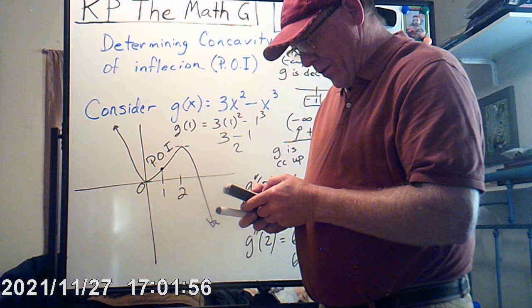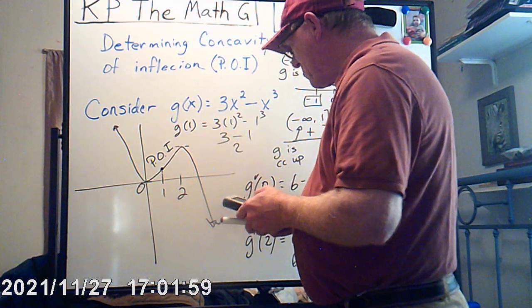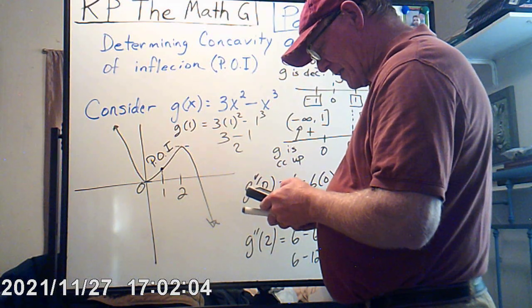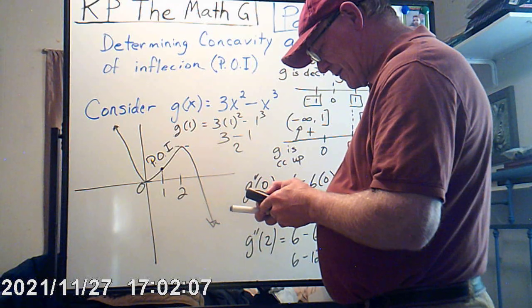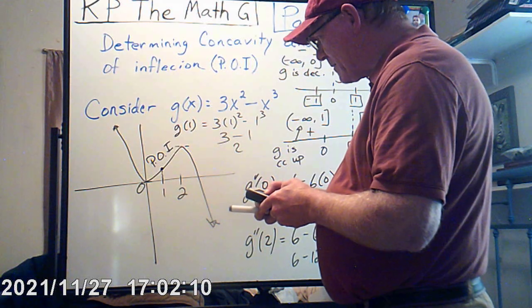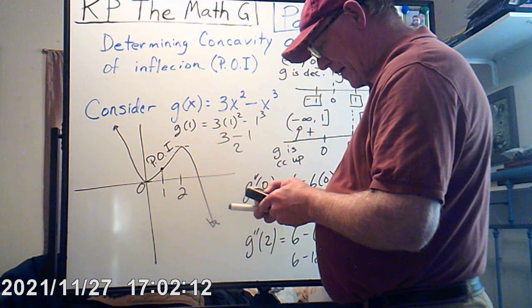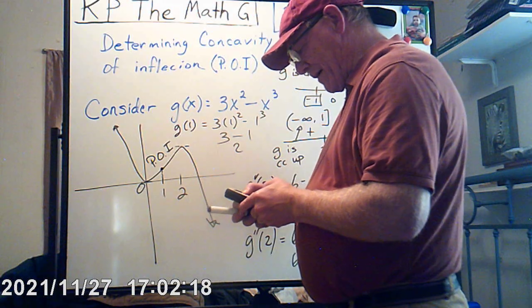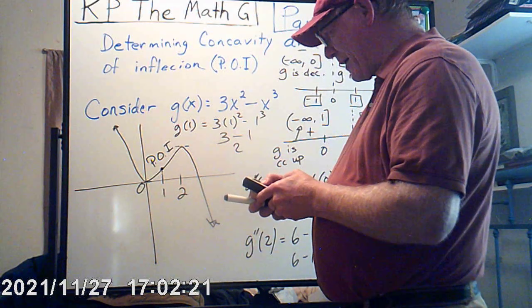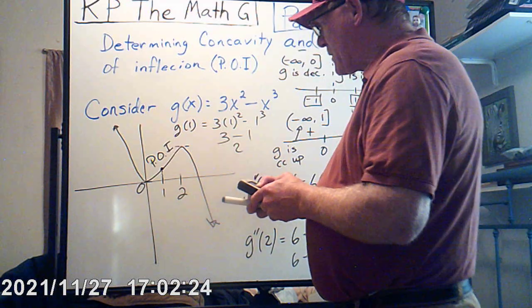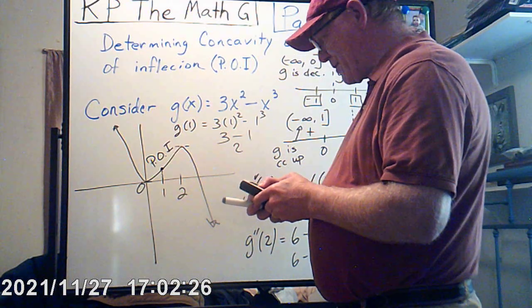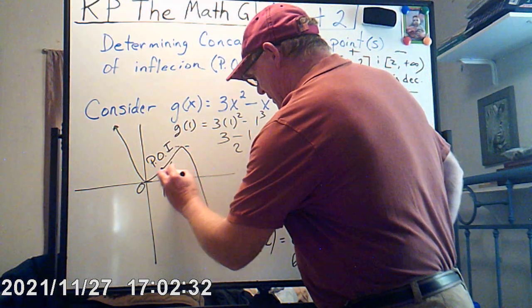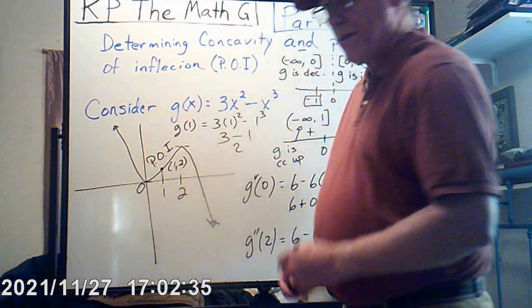Yes, that is correct. It is 2 right there. So at 1, the value is 2, so 1 comma 2 is the point of inflection.